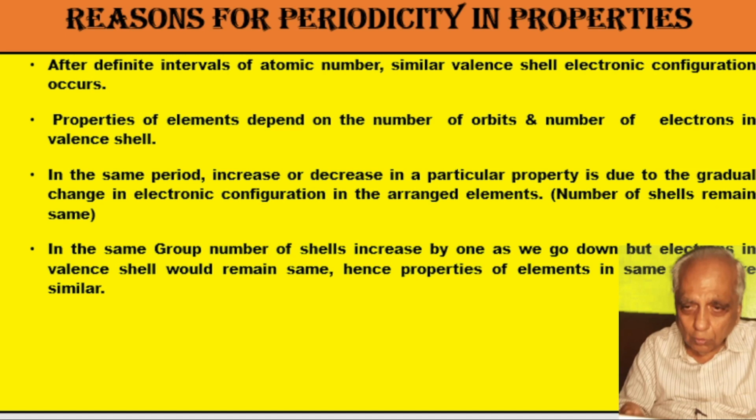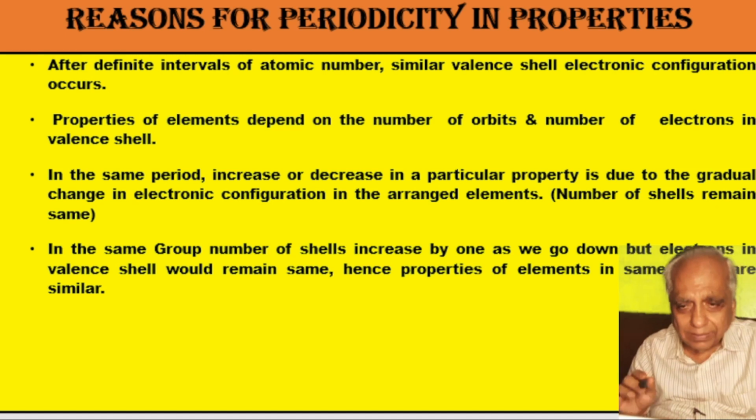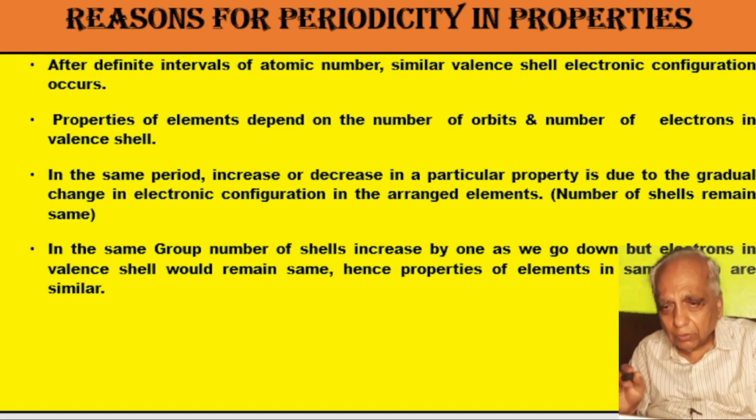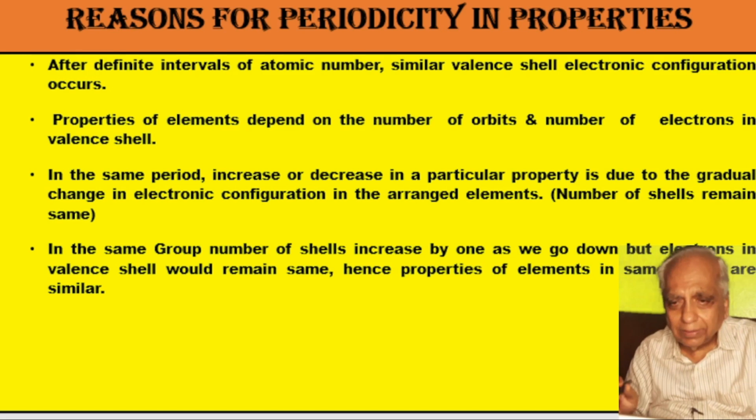Now in the period, what happens? One electron is added as we move towards the right. So due to the change of only one electron, there would be a small variation in properties.